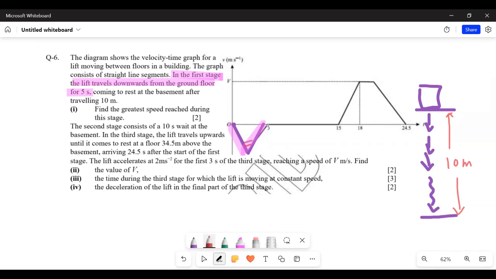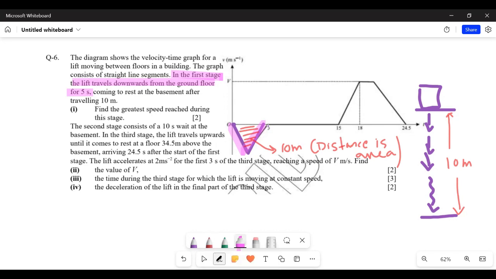So this area should be 10 meters, since distance is area.